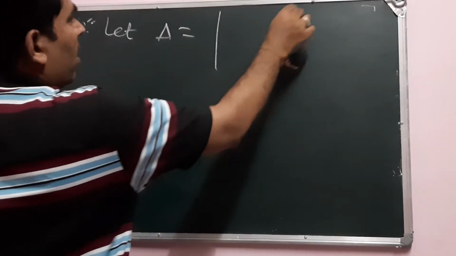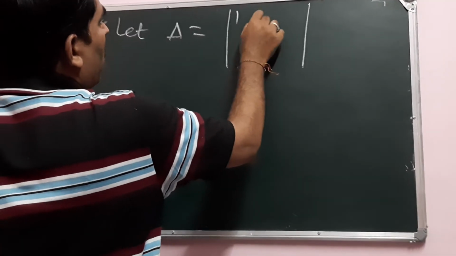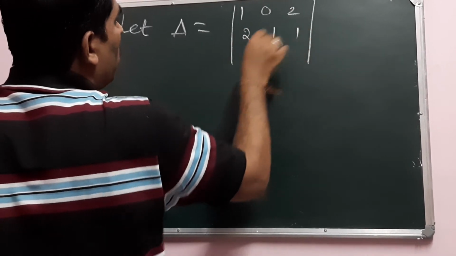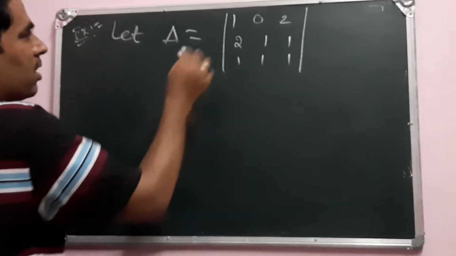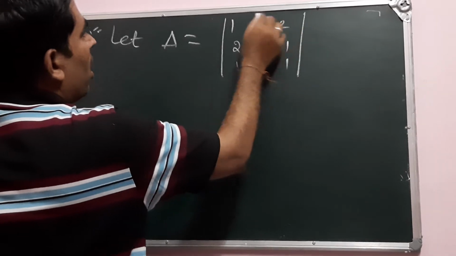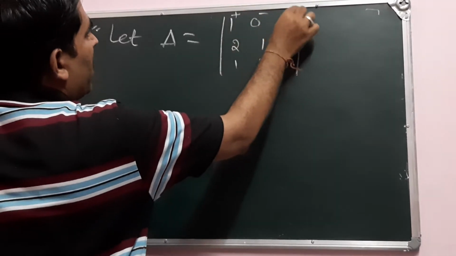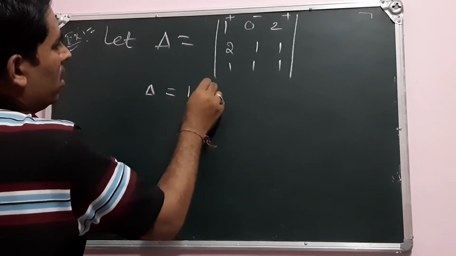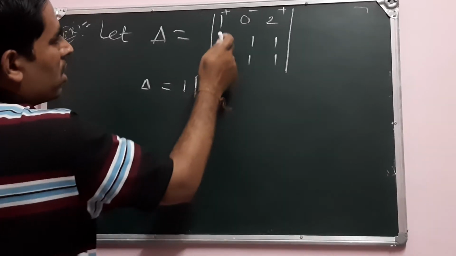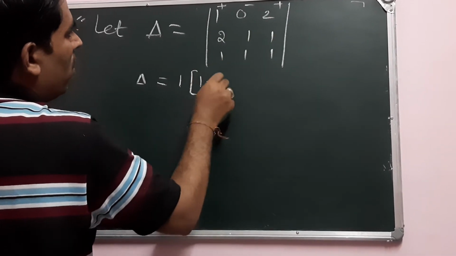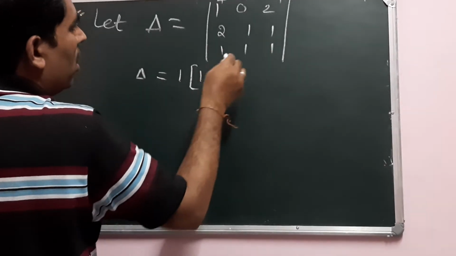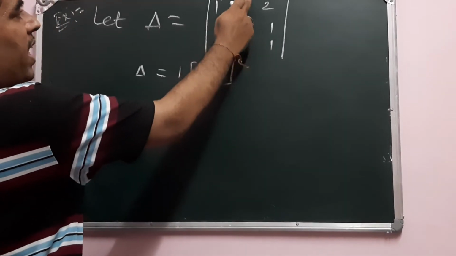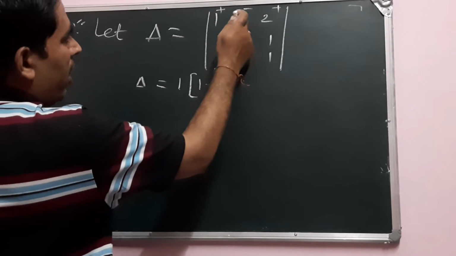So let us consider the determinant here. 1 0 2, 2 1 1, 1 1 1. Let us take this. So let us expand this along the first row. So plus minus plus. The value of this determinant will be what? 1 into, leave this column and this row, so 1 into 1 1, 1 minus 1 into 1, what? 1. Here 0 is given, so minus 0 into anything will be 0. So I will not consider this element.